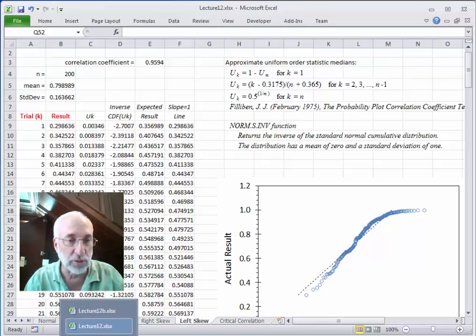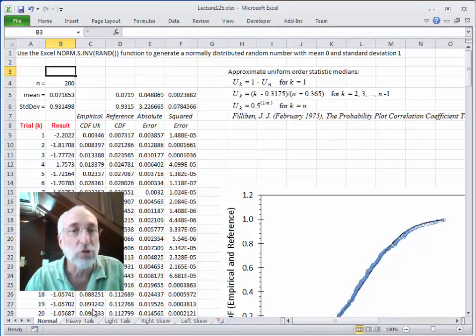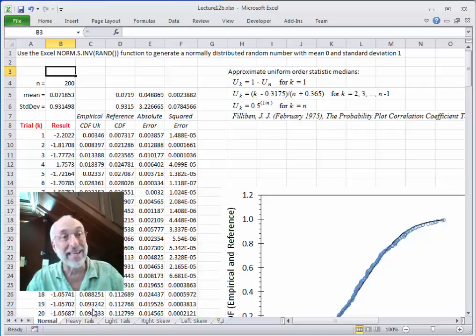I'll leave you by switching very quickly to a second spreadsheet, 12b, and show that the same technique can be used to compare not the expected value compared to the actual value, but the empirical CDF compared to what you expect over the assumed or reference CDF.